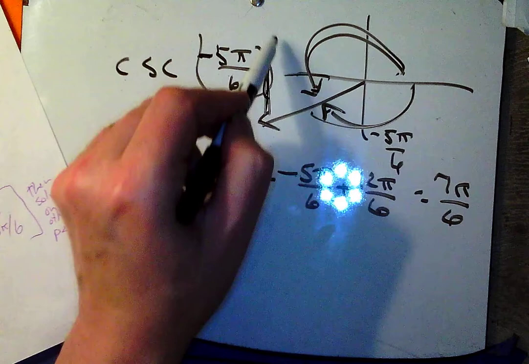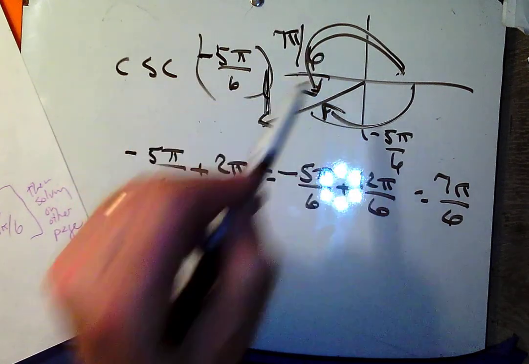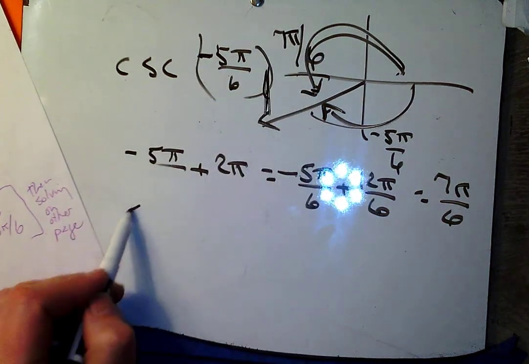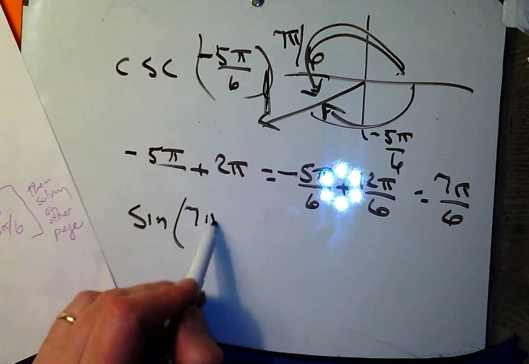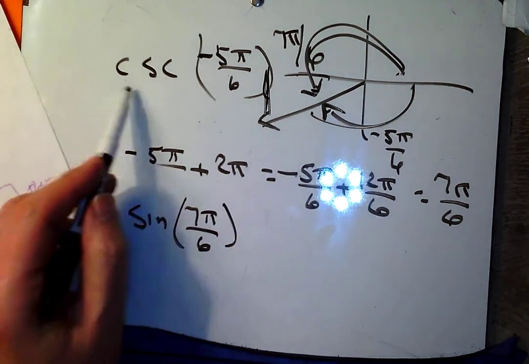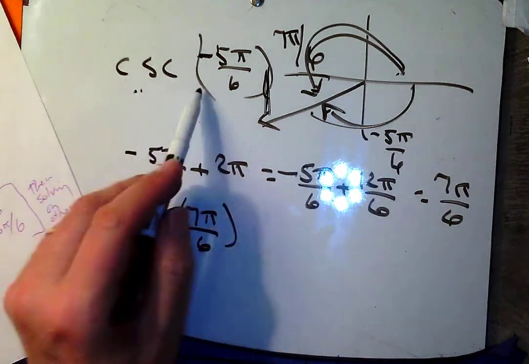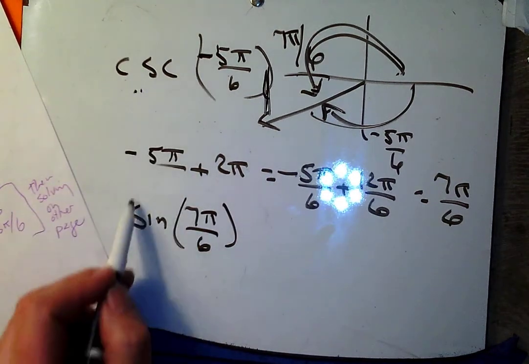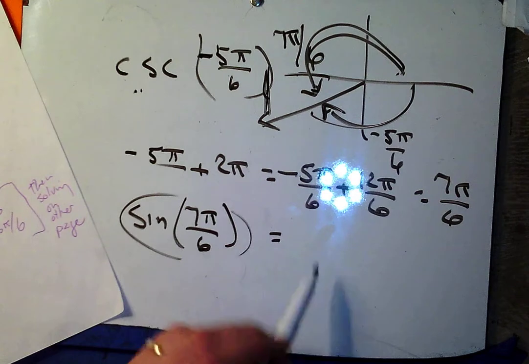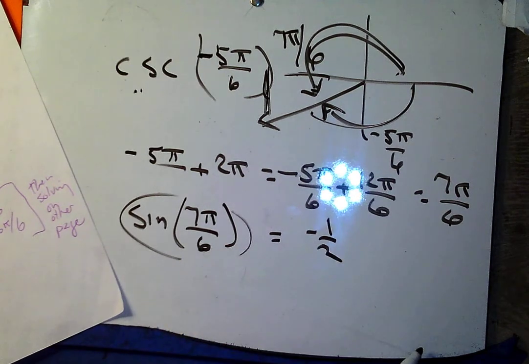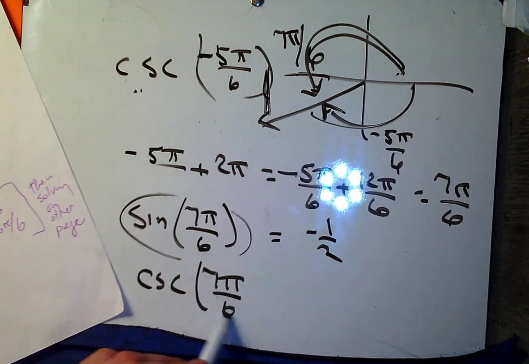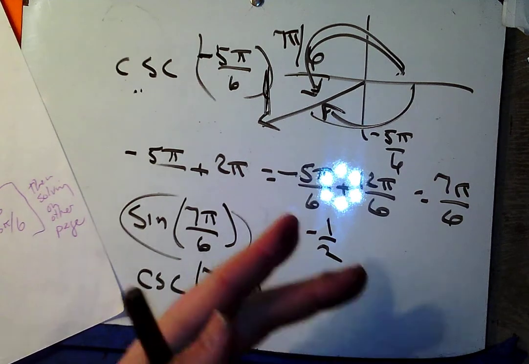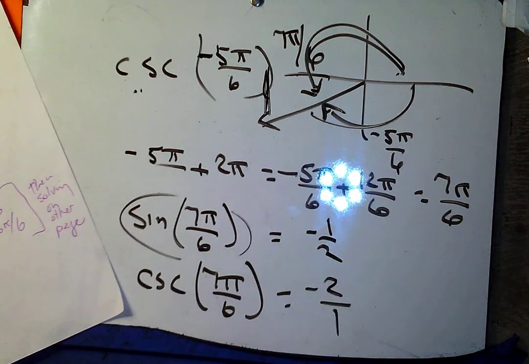This angle is 7 pi over 6. And you should know sine of 7 pi over 6. I don't need you to know cosecant of 7 pi over 6. Start with sine of 7 pi over 6. That's negative 1/2. So the cosecant of 7 pi over 6, well, reciprocal, minus 2 over 1.